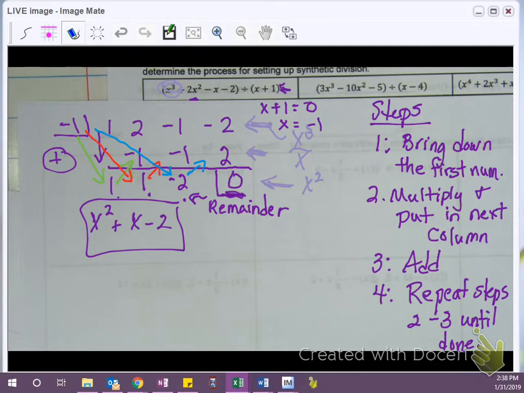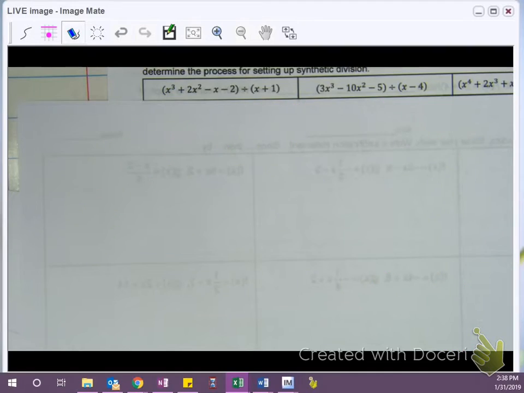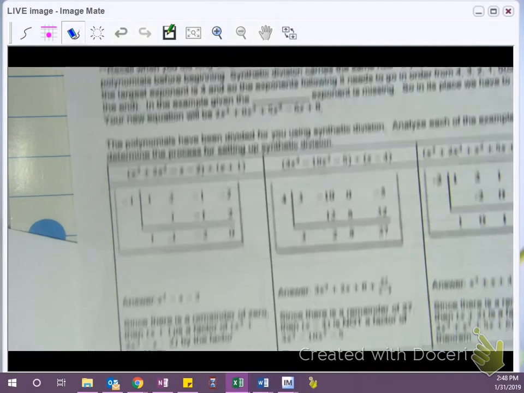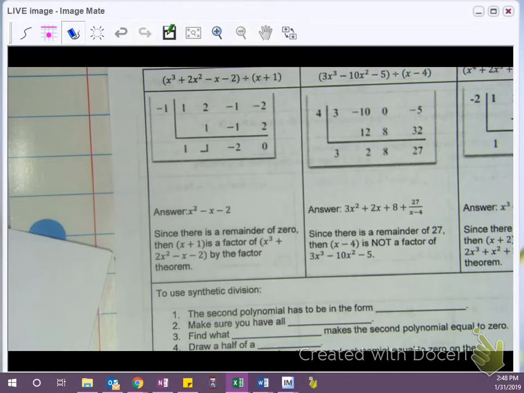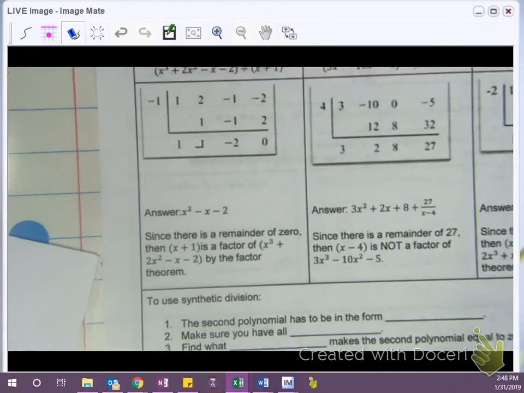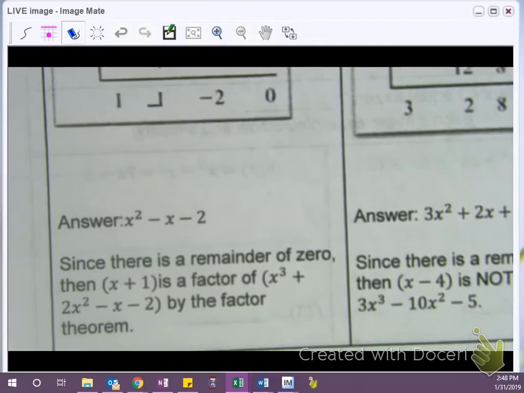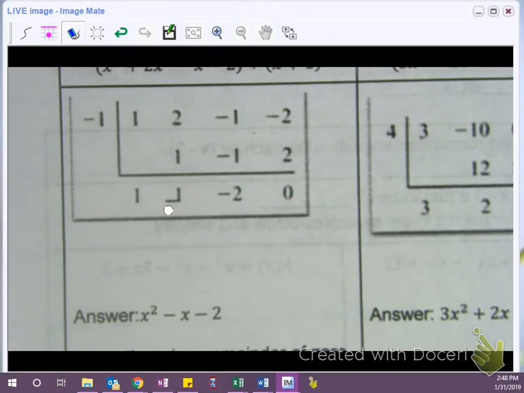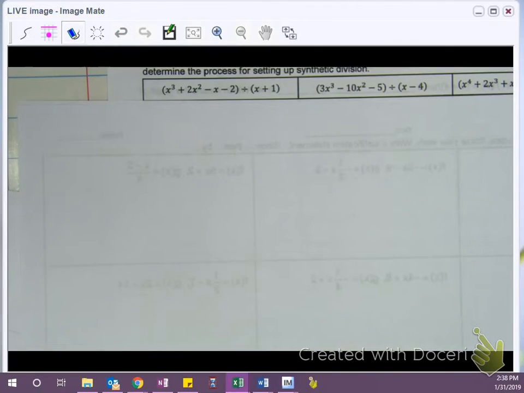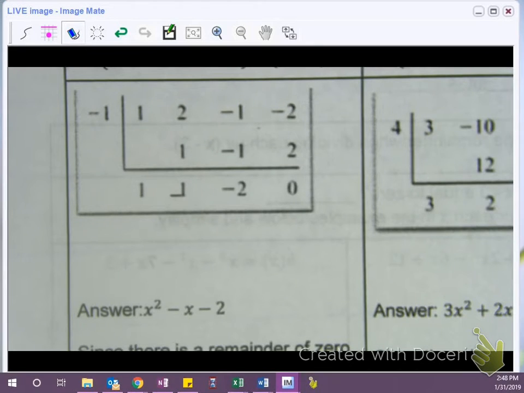Now, let me tell you on your paper. Does everybody have what you need off the screen? On your paper, whatever this is right here is a typo.